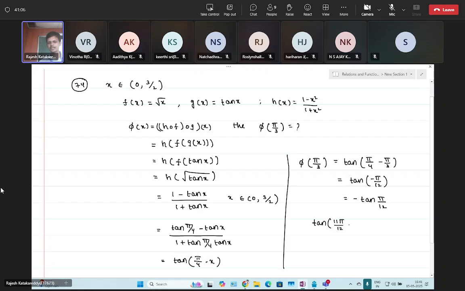So we can write this as tan of pi minus pi by 12. So what is this? This is minus tan pi by 12. That is what we need. Option 3. This is the easy problem on composition.